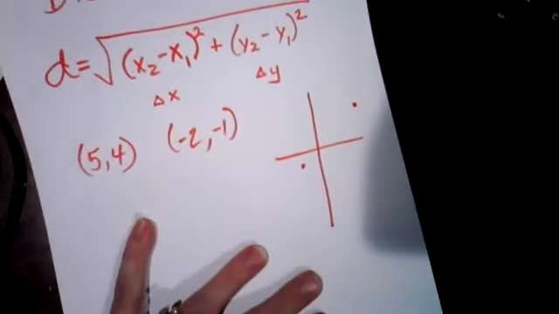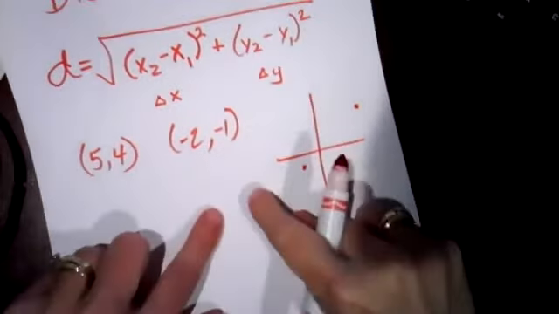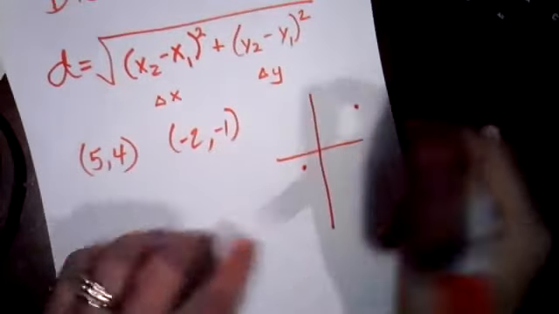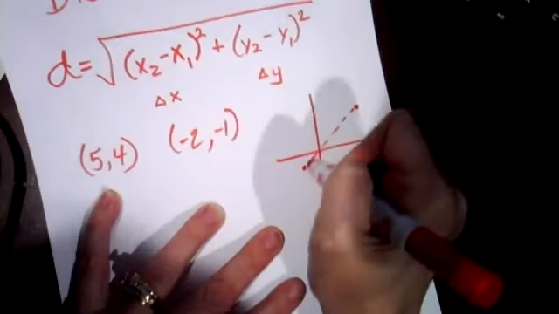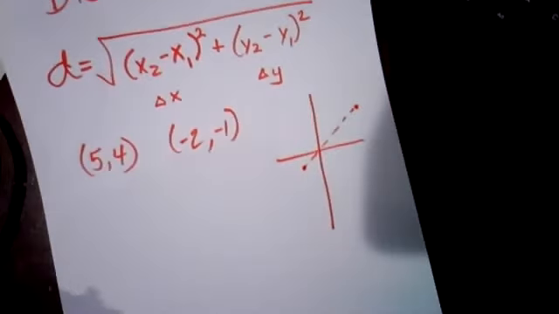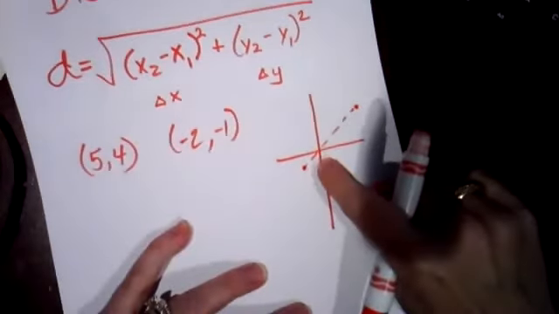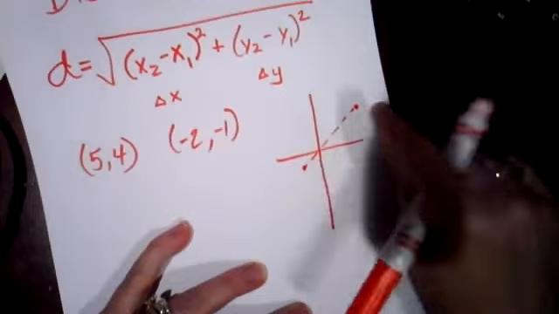So it's asking us, what is the distance between these 2 points? The reason it's not super easy is we really can't count these spaces.